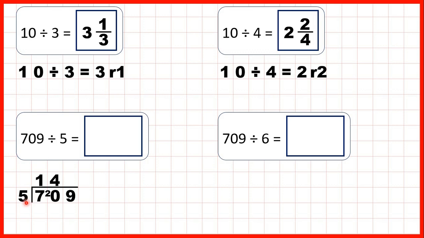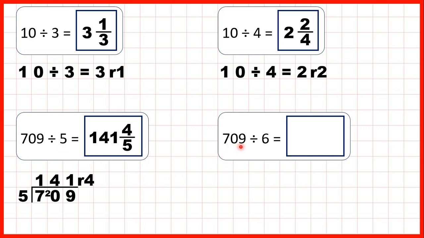But 9 divided by 5 is 1 remainder 4, because 1 times 5 is 5, but then we need 4 more to get to 9. So we can write 141 as our whole number, 4, so the remainder 4, as our numerator, and then the denominator is 5 because that's our divisor. That's the number we're dividing by.